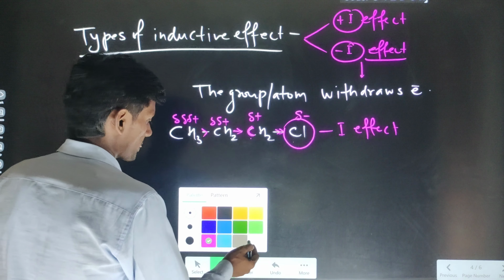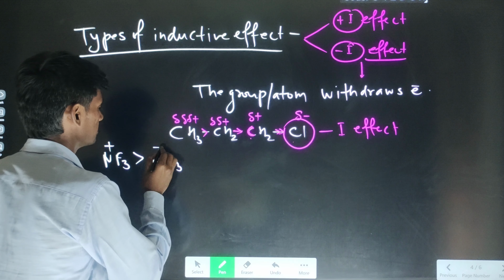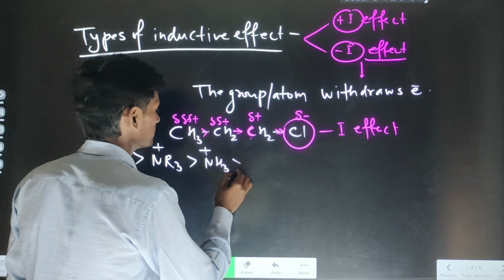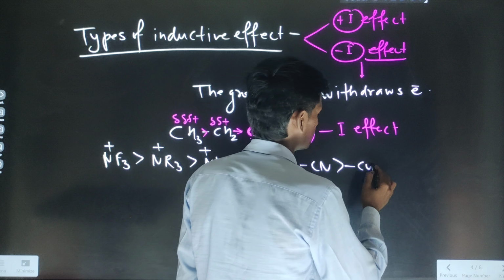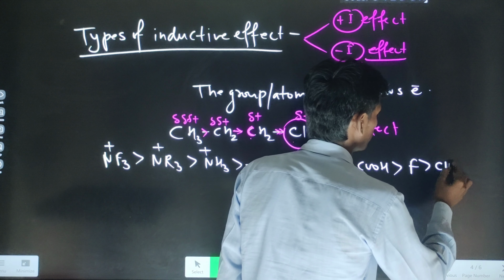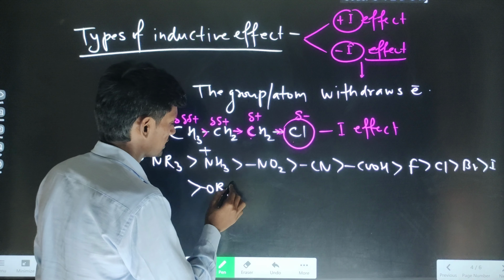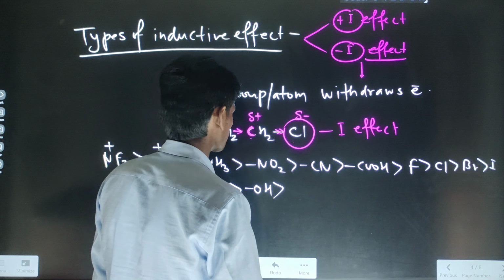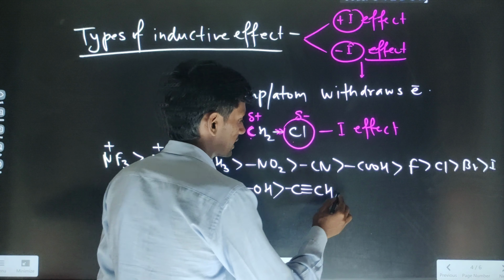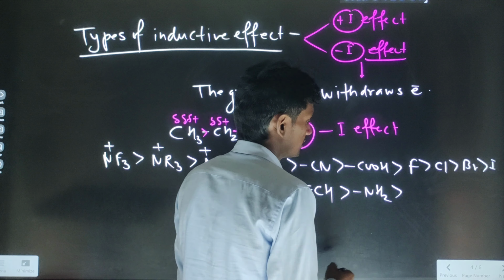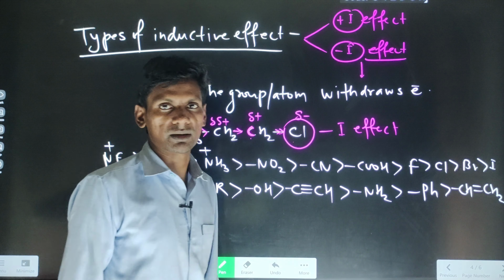So this series is NF3 plus, NR3 plus, NS3 plus, and after that NO2, cyanide, acid, fluorine, chlorine, bromine, iodine, and this one is ether, and alcohol, and after that this is alkyne, this one is amine, and after that phenyl, and in last alkene. This is the minus I power of groups.